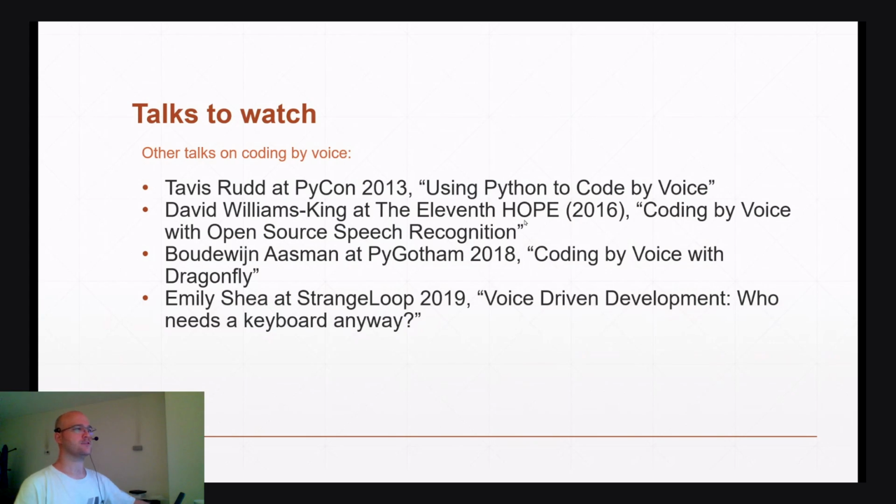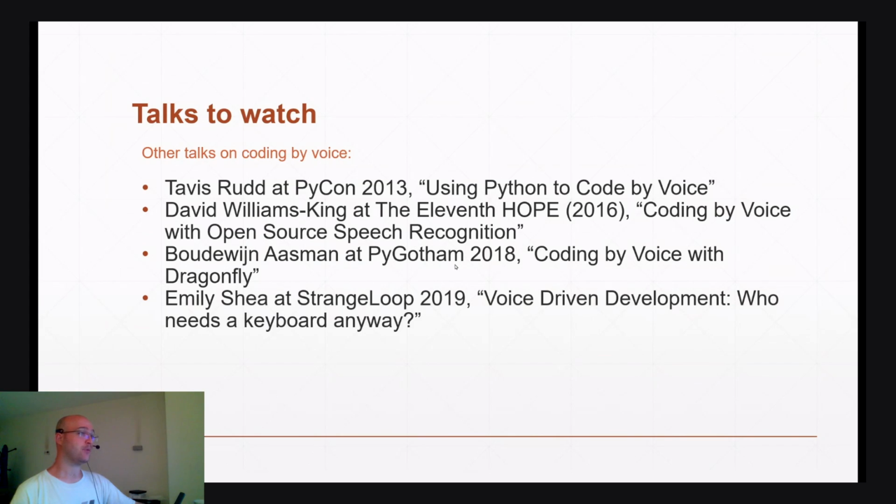David Williams King has a talk in 2016 at the 11th Hope where he actually goes through what it means to build a speech recognition engine, and he also goes through why he did that, and he also has tried to build an open source alternative because Dragon is proprietary. It's a paid thing. It costs a lot of money. And then I'm not going to attempt to say this name.